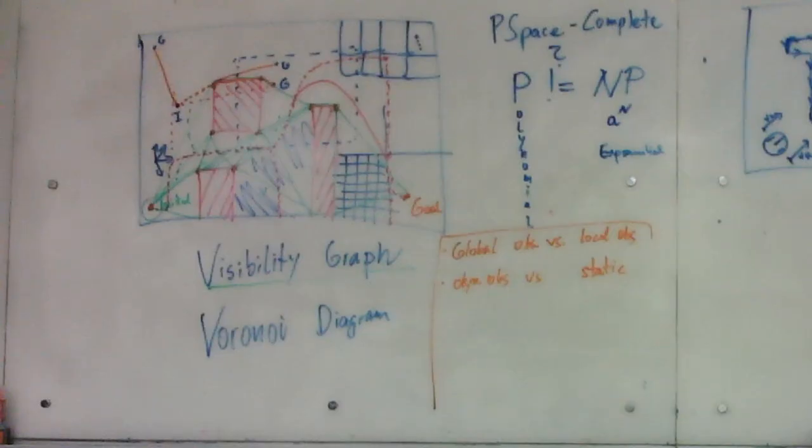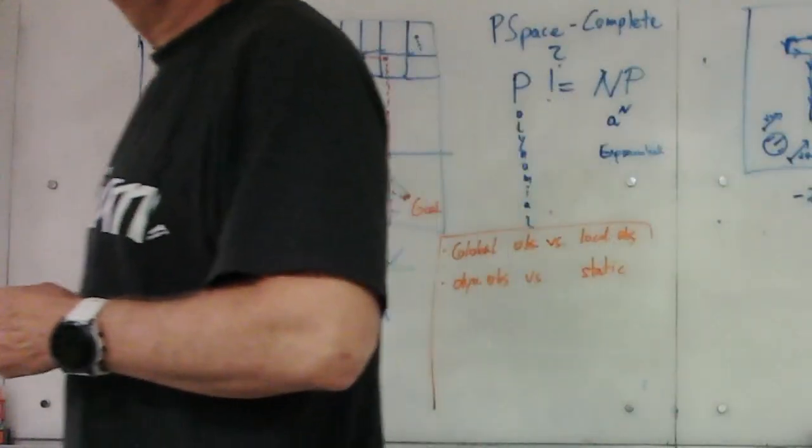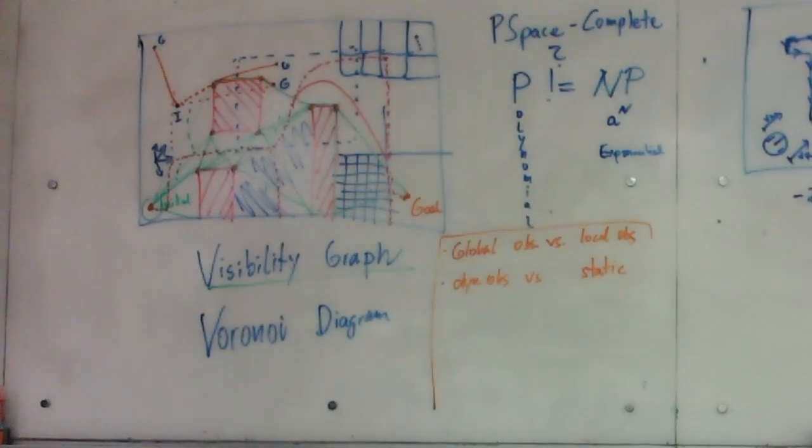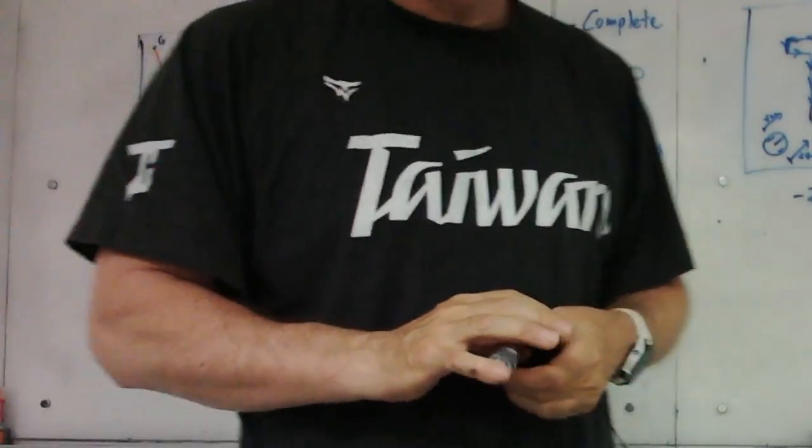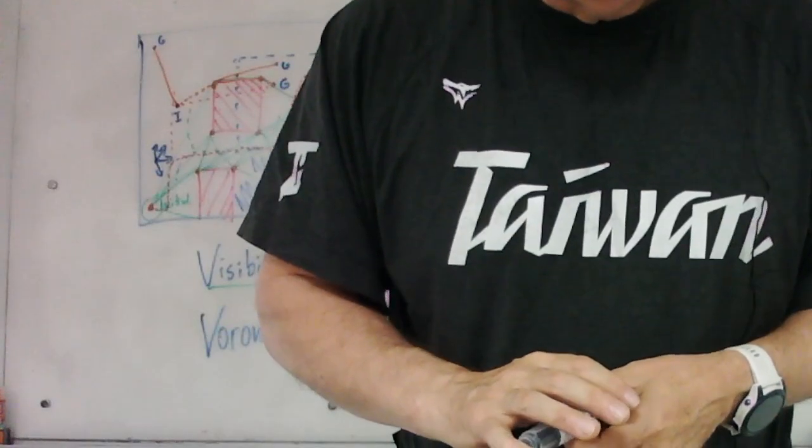So let's give it some range, minus 2 meters per second to 2 meters per second. That's a pretty quick robot.